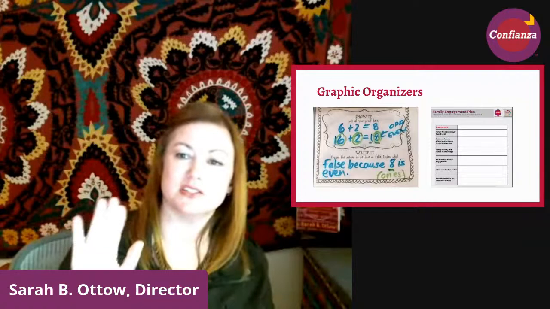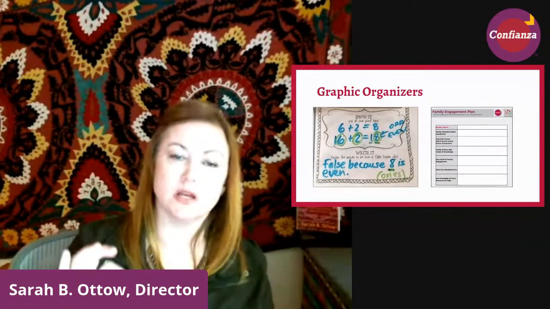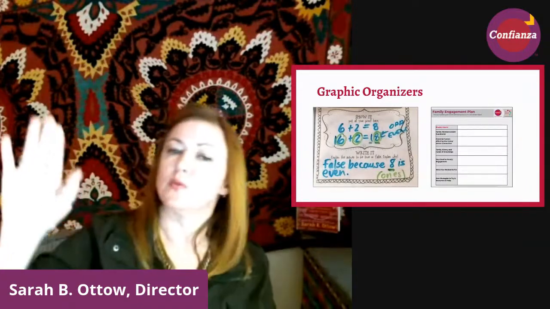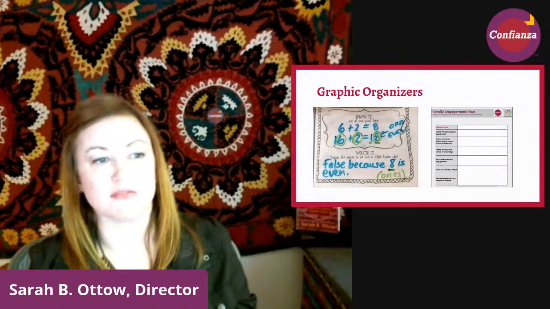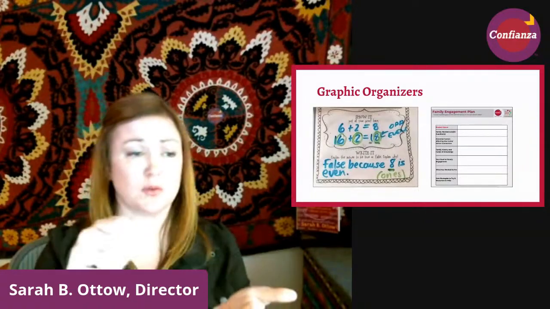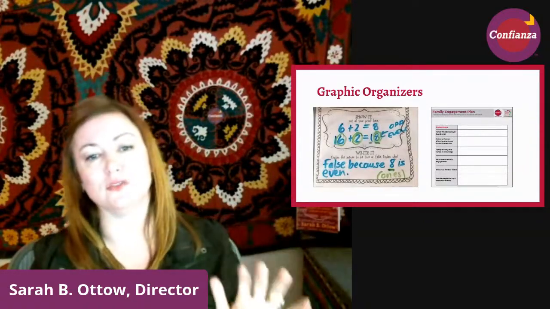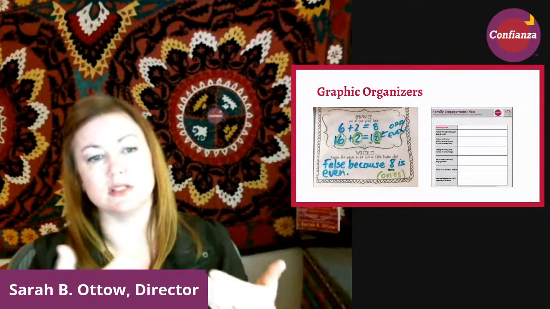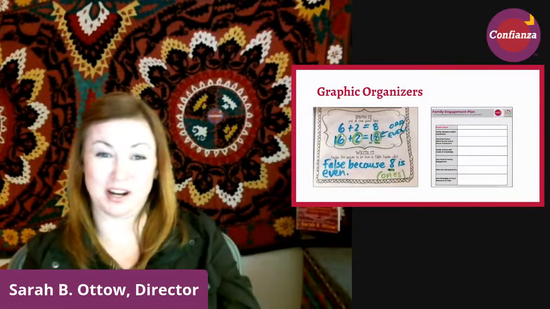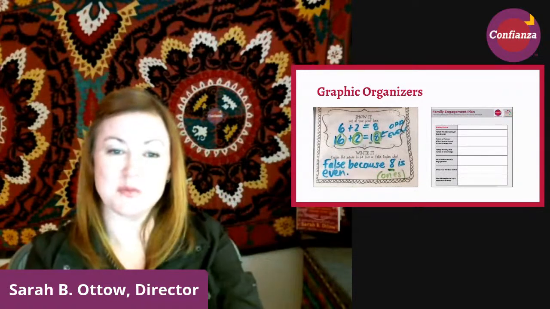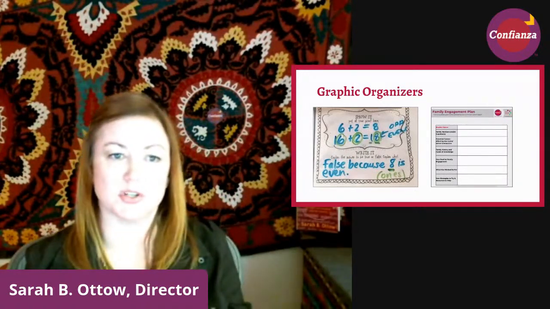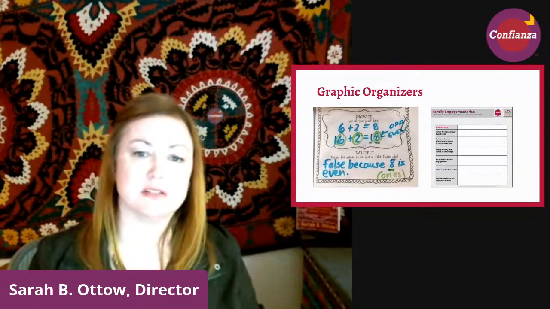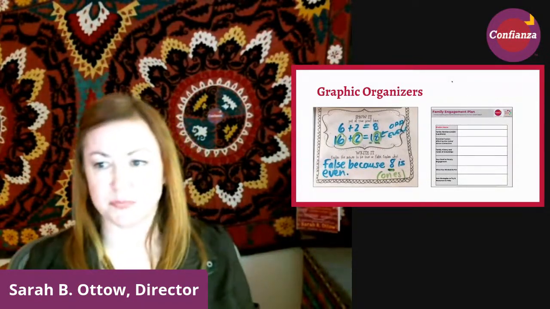We keep the master, and we have directions in the course: make a copy, keep it in Google Drive, download it as a Microsoft Word document, use it as a PDF, or print it out. We don't care how you do it, but as facilitators, we want to see you complete the graphic organizer, complete the assignment, and then upload it. So we're always having this cycle of looking at what people are doing. Those are some ideas for using graphic organizers.